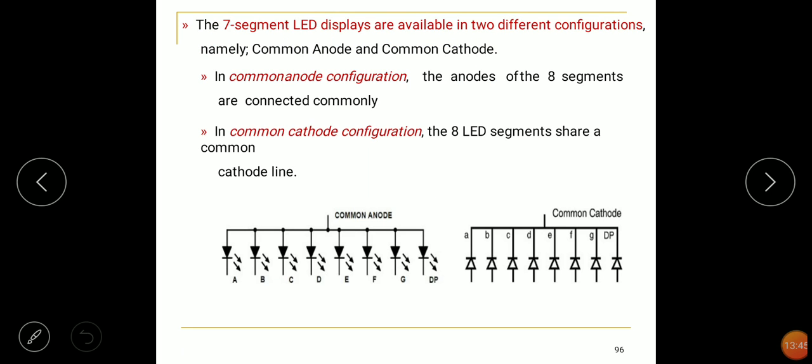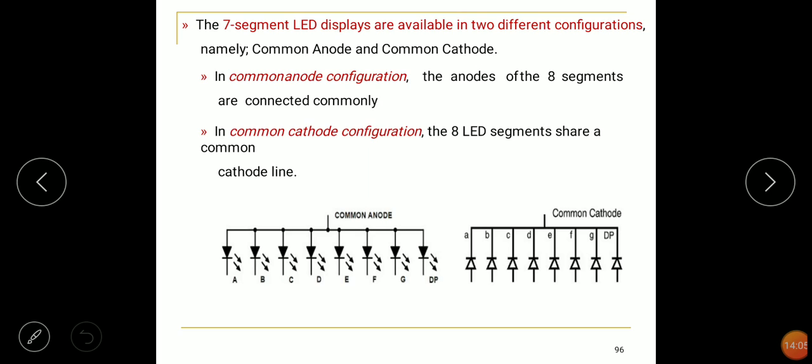Two kinds of 7-segment LEDs are available in the market. One is the common anode, another is the common cathode. When the anodes of all 8 LEDs are connected in common, we call it a common anode.